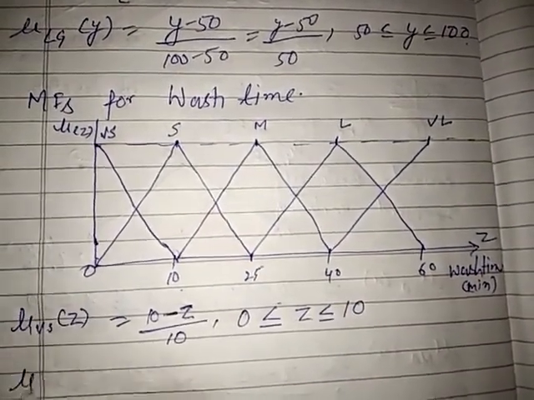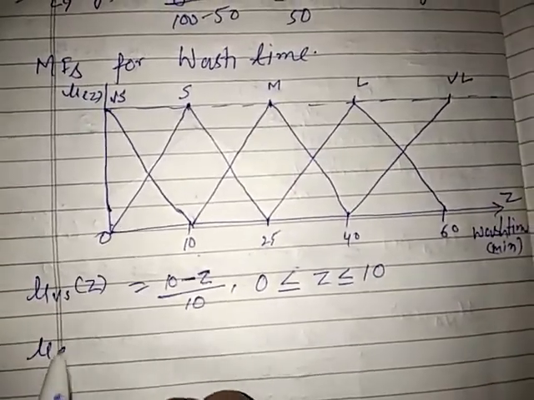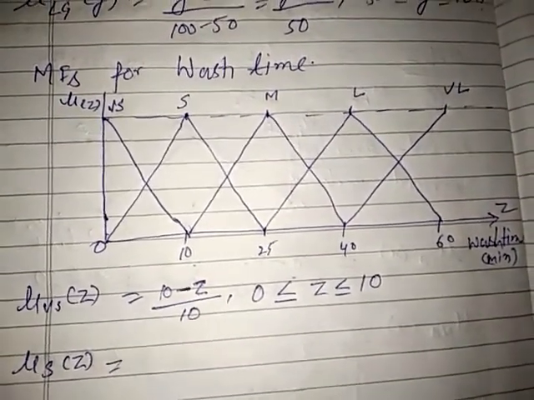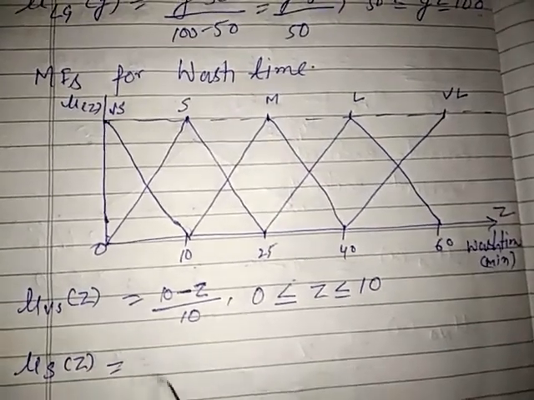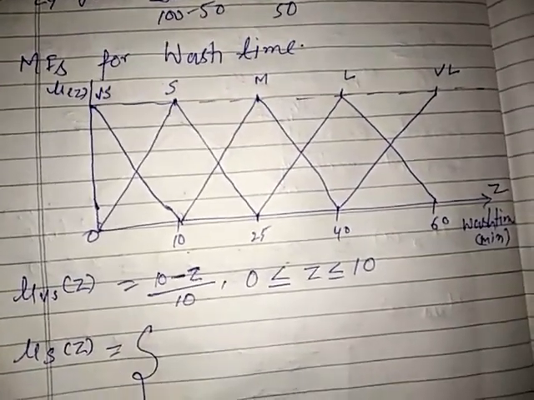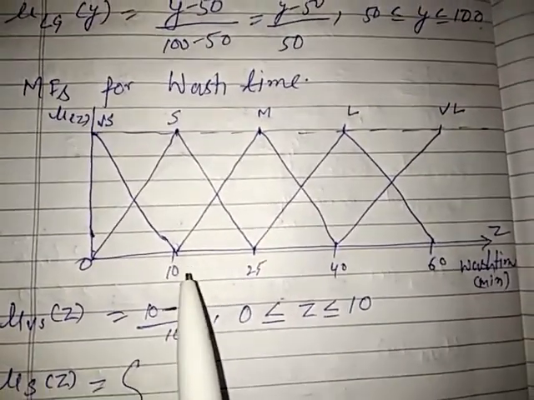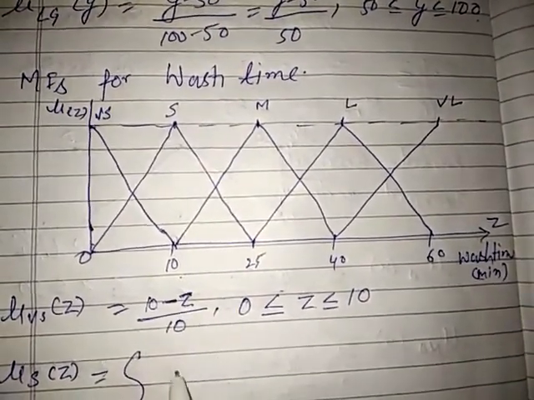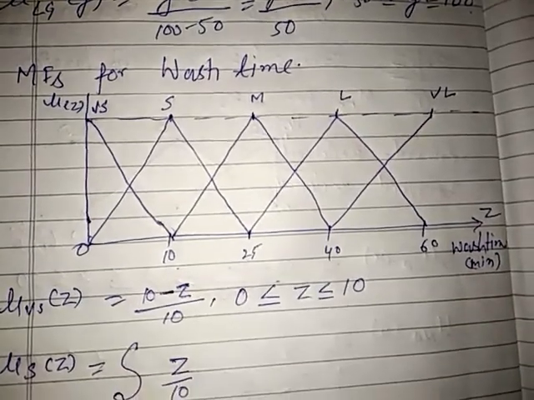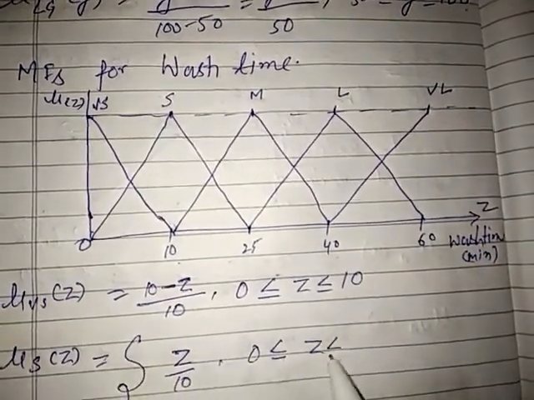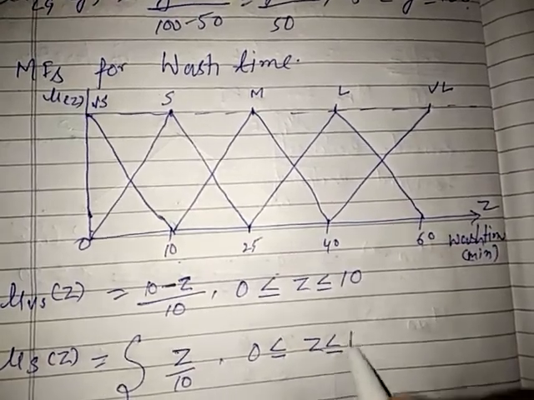Now we have to find the membership function for the small, that is this one going to this, and we have to get these two membership function values here. The first is z divided by 10, the range 0 to 10.